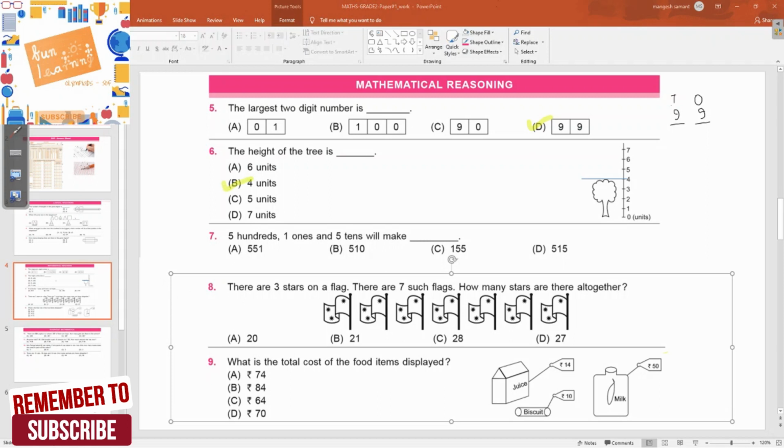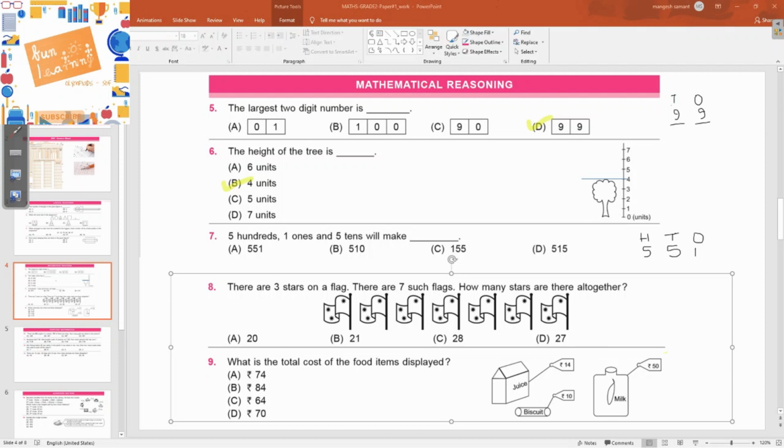Cool. Now let's go to our 7th question. Now it says 5 hundreds, 1 ones and 5 tens. Wait, don't be in a hurry. Now this is a 3-digit number, so let's first write the 3-digit sequence, that is hundreds, tens and ones, and then we'll fill in the numbers below. 5 hundreds, so let's write a 5 here. 1 ones, so we should not write it here, but it is in the ones, and 5 tens.